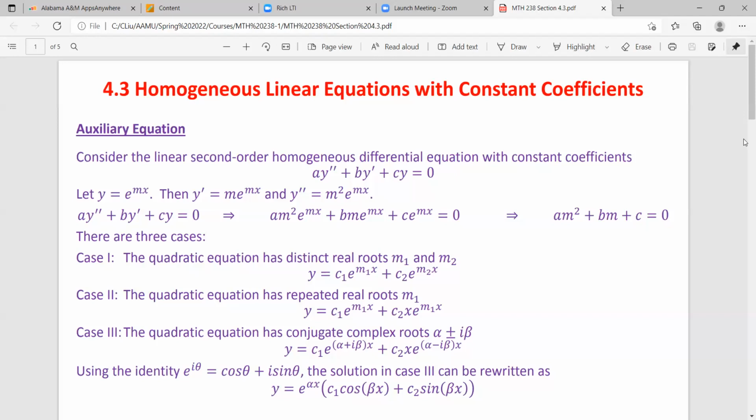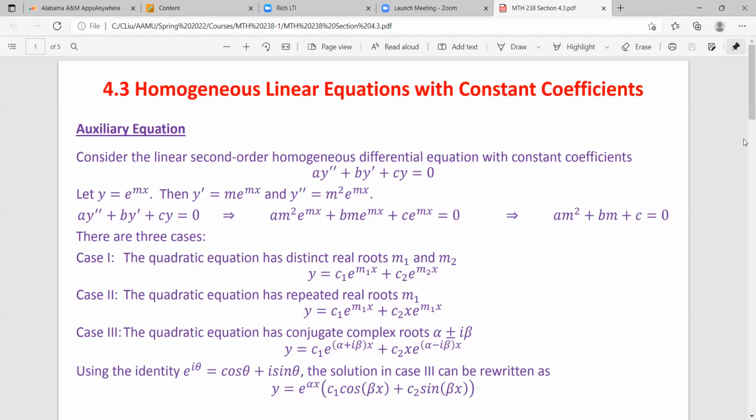And the good part of this form of solution is that you don't see any complex functions in here. Although C1 and C2 can be complex, you don't see complex functions in the form of the solution. So that's the third case.